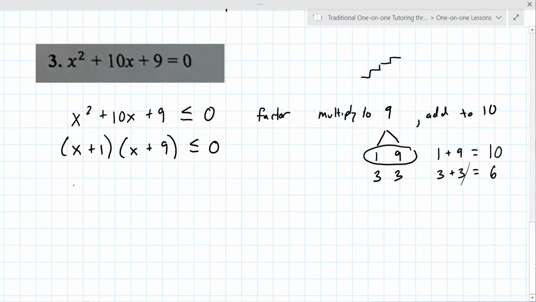Okay, so what I want you to do next is to set each of these equal to 0, and I want you to solve for the x values. We need the x values.